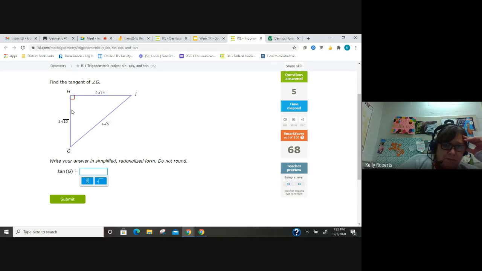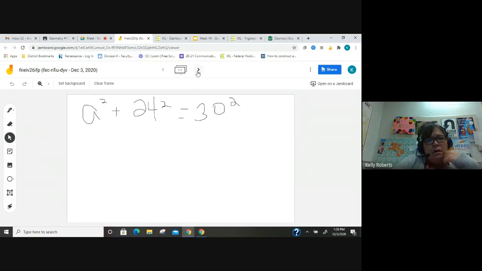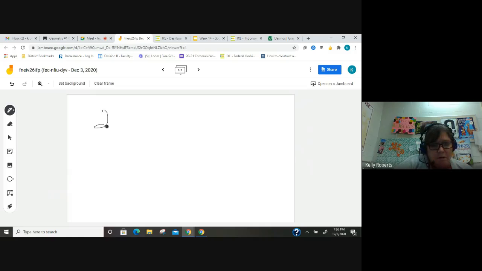So opposite 2 square root of 14 over adjacent 2 square root of 10. All right, so let me turn my pen on. 2 square root of 14 over 2 square root of 10.